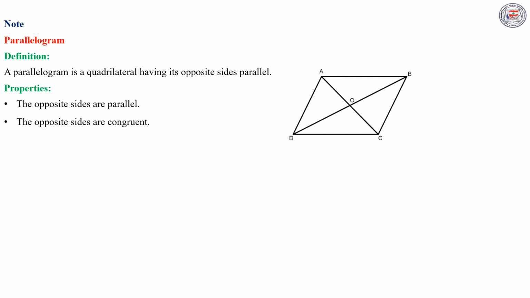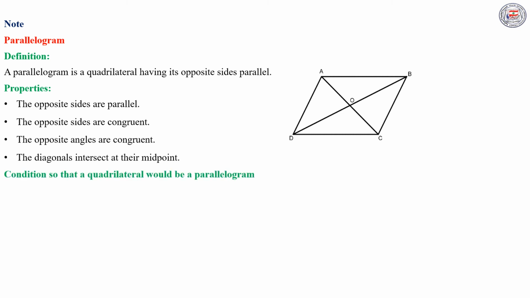The opposite sides are congruent or equal, that means AB is equal to CD and AD is equal to BC. The opposite angles are congruent or equal, that means angle A is equal to angle C and angle B is equal to angle D. And the diagonals intersect at their midpoint, that means O is the midpoint of the diagonal AC and O is the midpoint also of the diagonal BD.